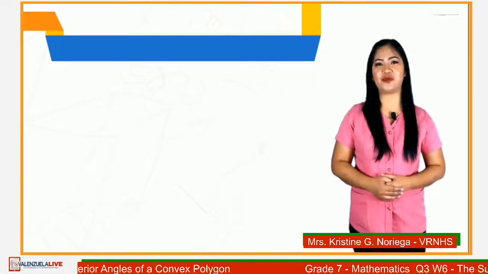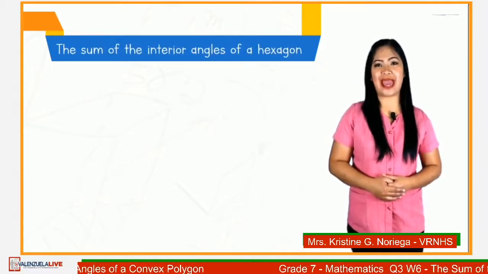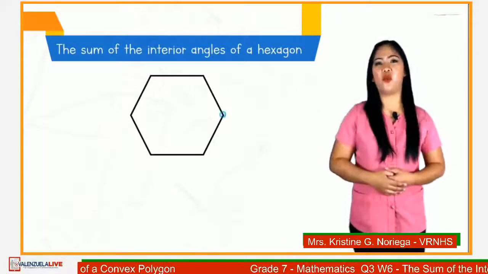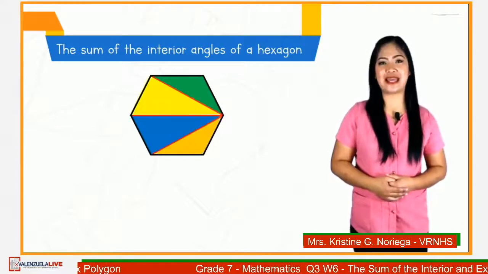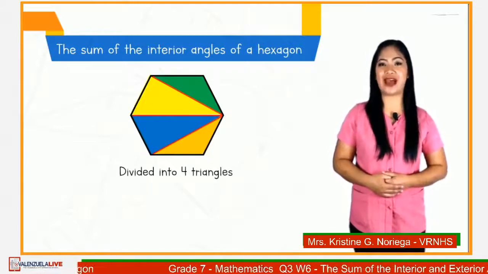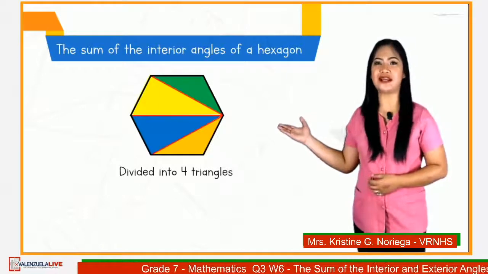Let us continue. What if we have a hexagon? What do you think will be the sum of its interior angles? Again, a hexagon can be divided into 4 triangles.